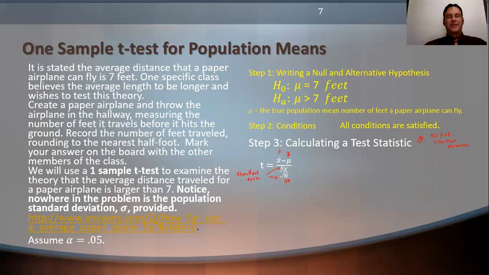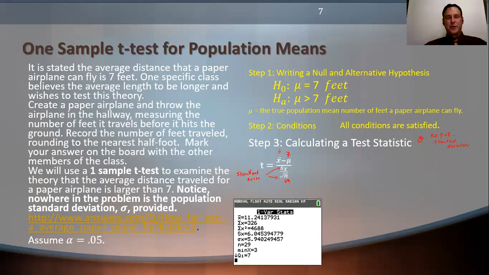Okay, and so what do I have to do? I'm going to have to plug in something for x bar, okay, and something for s sub x. And if I do this, you can see that I have an x bar, 11.21241, and I also have an s sub x, which is 6.045. Let me light those up here for you.